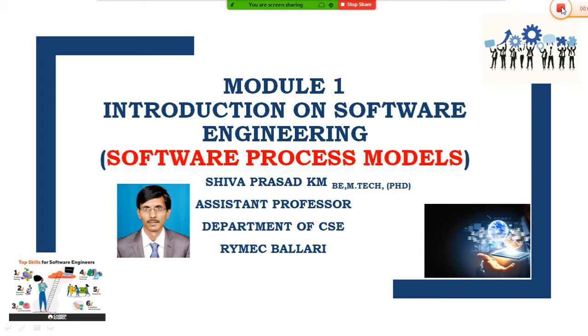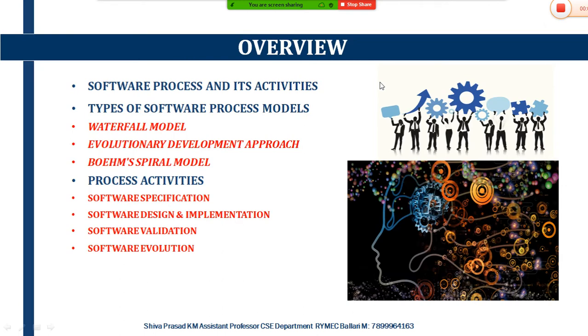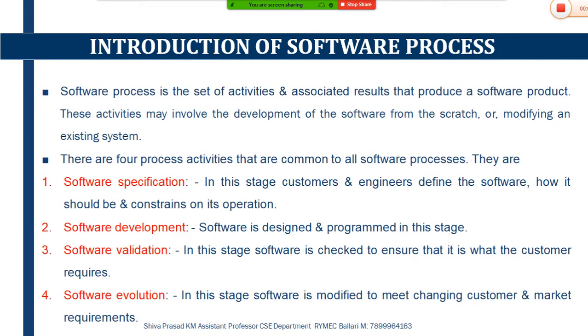So here, the first and foremost concept that we are going to discuss is what is software process activities. What is a software process first of all? See, software process is nothing but a set of fundamental activities and its associated results which help us to design and develop the product easily and effectively.